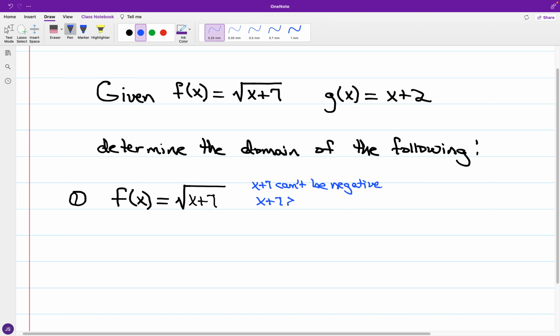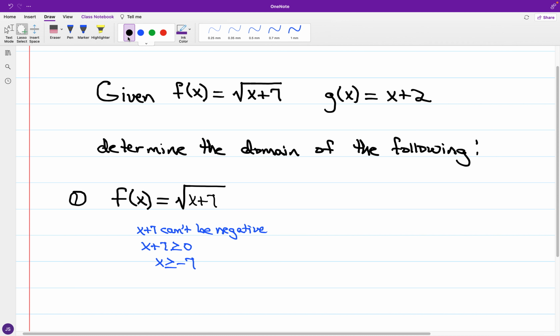And so we have x plus 7 is greater than or equal to 0, and so we have that x is greater than or equal to negative 7. So for the domain, x is greater than or equal to negative 7. So we're going from negative 7, including negative 7, all the way out to infinity.